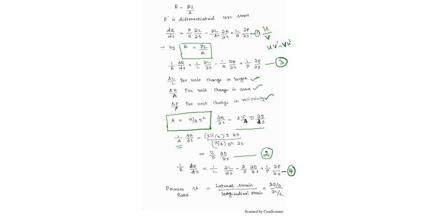And you all know what Poisson ratio is. Poisson ratio is nothing but lateral strain by longitudinal strain. Lateral in the sense of dimension, so ∂D by D. Longitudinal is nothing but your length, that is ∂L by L. So your Poisson ratio v is equal to ∂D by D over ∂L by L. This is my Poisson ratio.